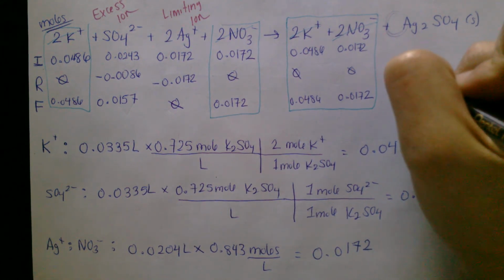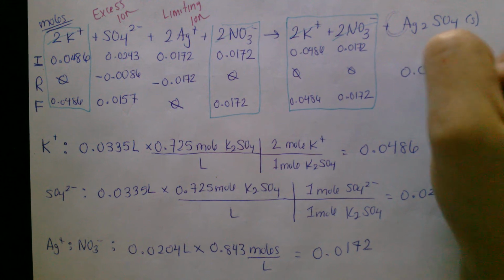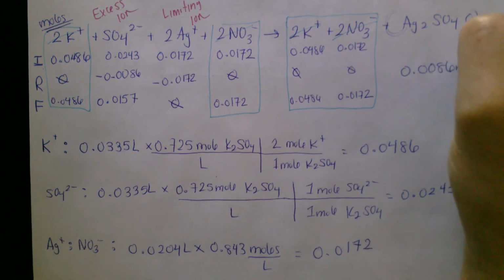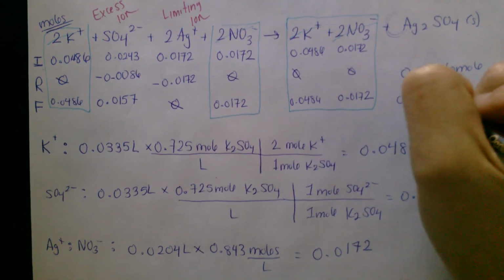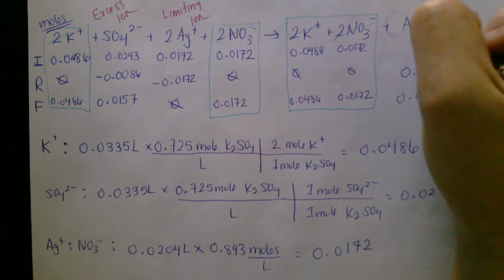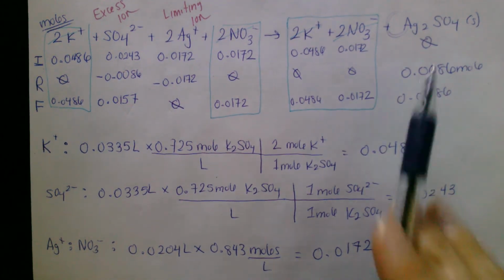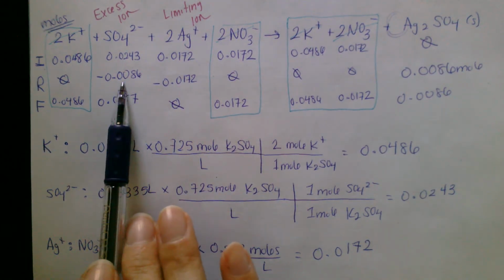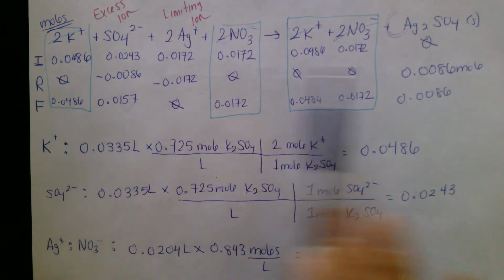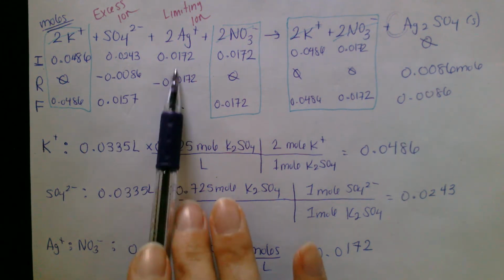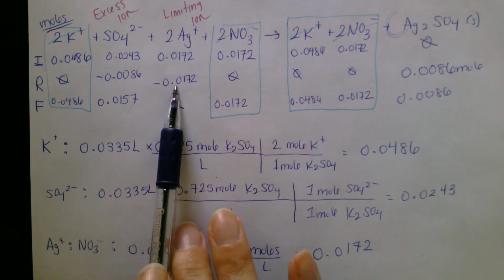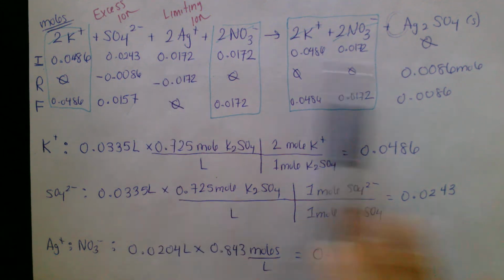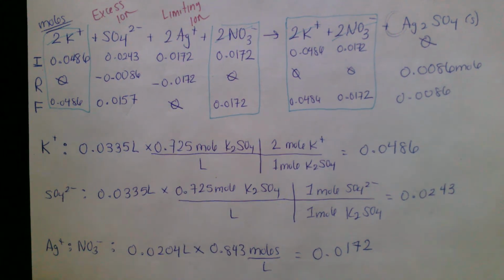So we have 0.0086 moles produced. Okay, initially we have no solid. Okay, again, if we took this, which we know is used in the reaction, and made our mole ratio, we get this. Or if we started with our silver, which we know is our limiting reactant, and made our mole ratio, we would get this here.